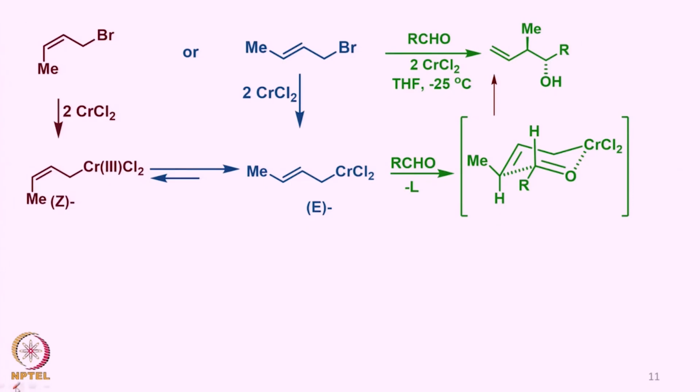So you have here a chromium reagent which is formed by reacting the Z isomer or E isomer of the crotyl bromide with chromium chloride, and what they form is a reagent of this type or this type, which then equilibrate, and the majority of it forms in this fashion, which reacts with the aldehyde through this transition state, and this transition state leads to the formation of the anti product.